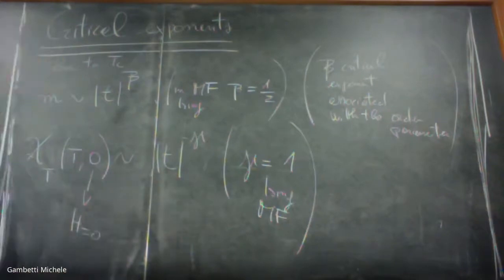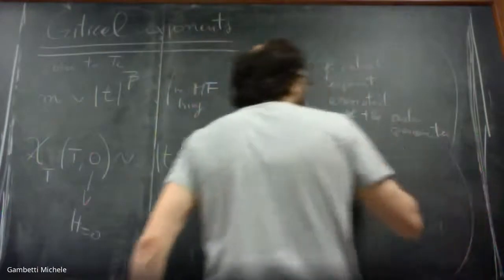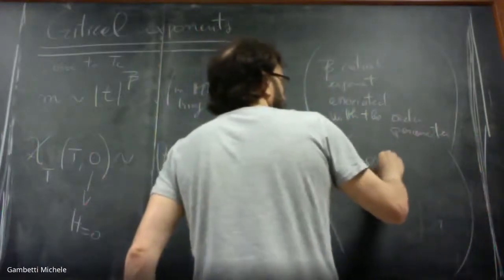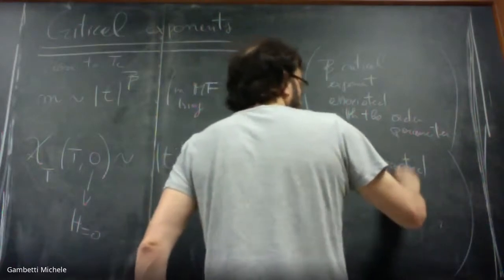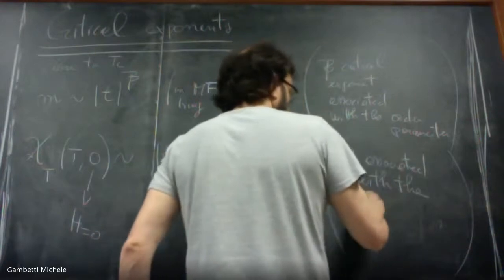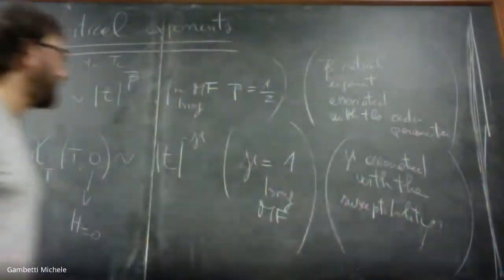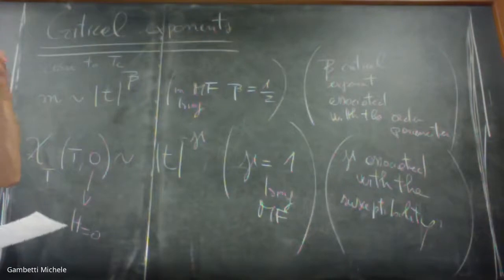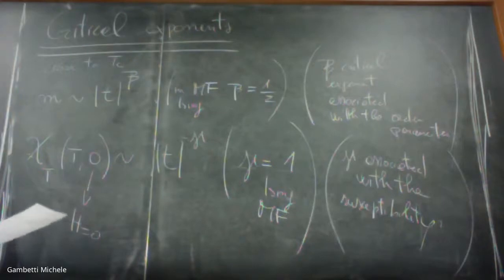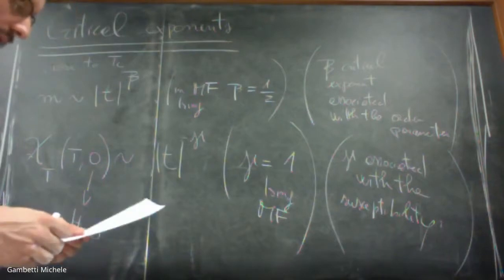Okay? This critical exponent gamma is associated with the susceptibility. These are the only ones that we have computed up to now, but we are going to compute the other two critical exponents in a moment.